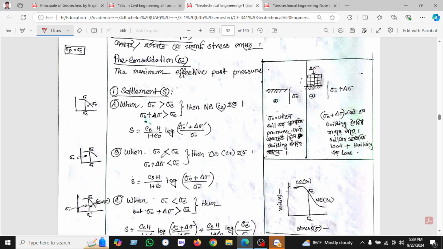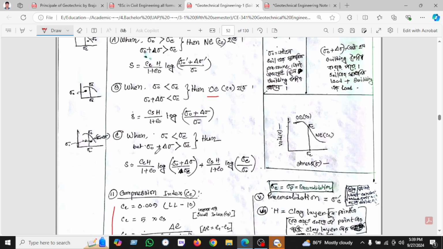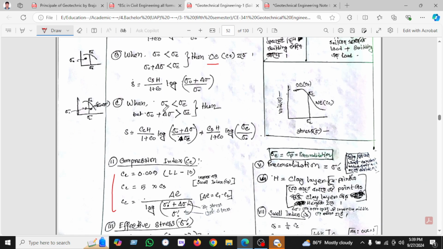And when sigma is less than sigma c, this formula will be used. And when both conditions are satisfied, when sigma naught is less than the pre-consolidation pressure, and on the other hand sigma naught plus delta sigma is greater than sigma c, then we will use this portion 1 and portion 2.